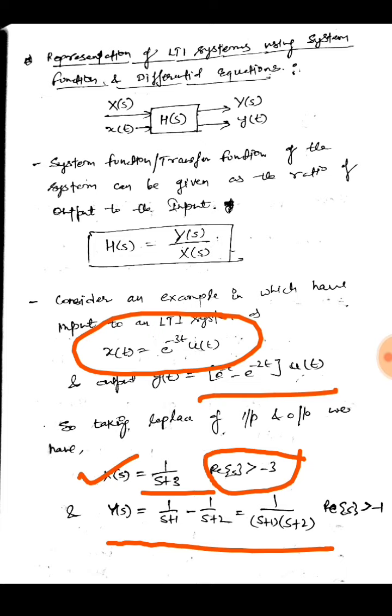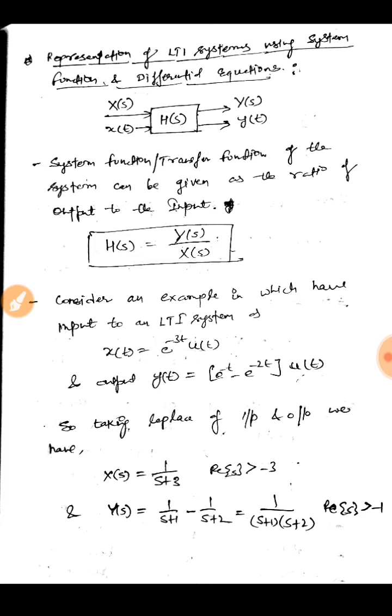So when I combine it, it becomes 1 upon s plus 1 into s plus 2 for real part of s greater than minus 1. So this is my output in frequency domain and this is my input in frequency domain.